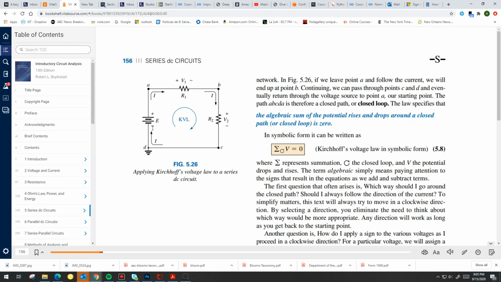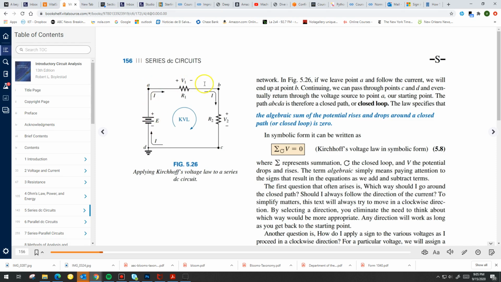And what it means is this. Let's start at point D, for example, and let's go from D to A to B to C back to D. So we're going to go clockwise, starting from D. If I start at D towards A, I have a voltage gain, don't I? Because I'm gaining voltage as I go from D to A. I'm going negative to positive.